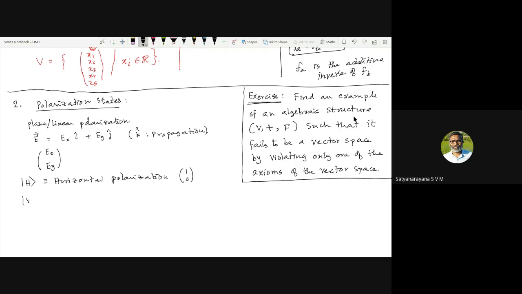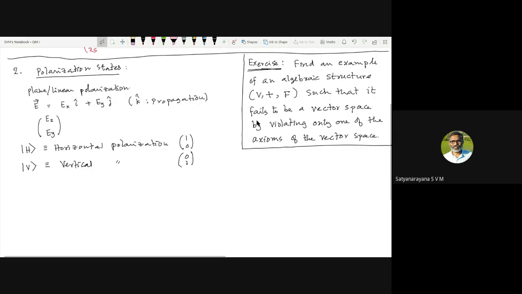Similarly, I can talk about a vertical polarization. This is like Y polarization, so we denote it as vertical polarization, and that is denoted with 0, 1. Now I can have a diagonal polarization, which I will call D, where the axis is rotated by 45 degrees.